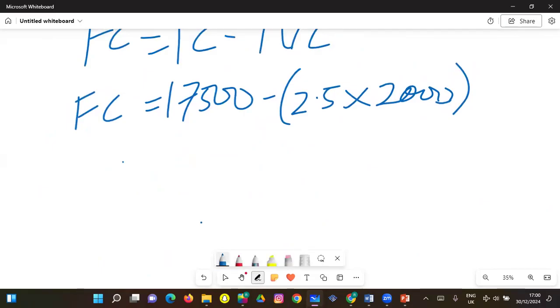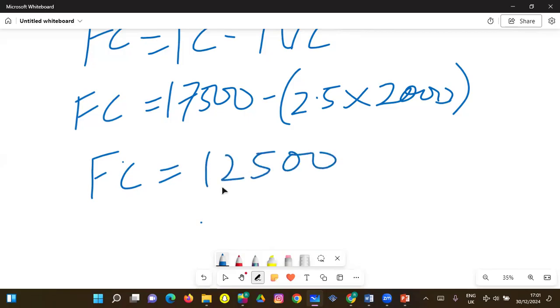So with this, FC, you can quickly punch it on your calculator. FC is going to be 12,500 Ghana cedi, right?